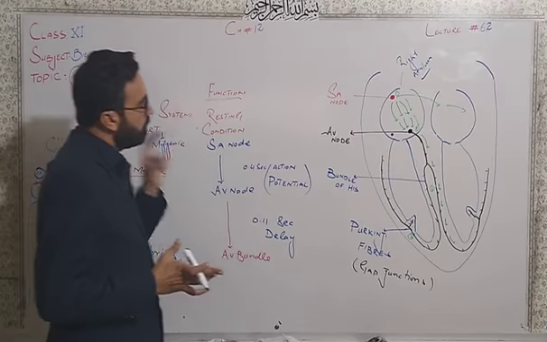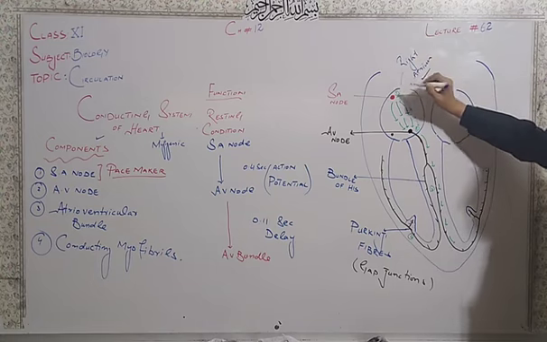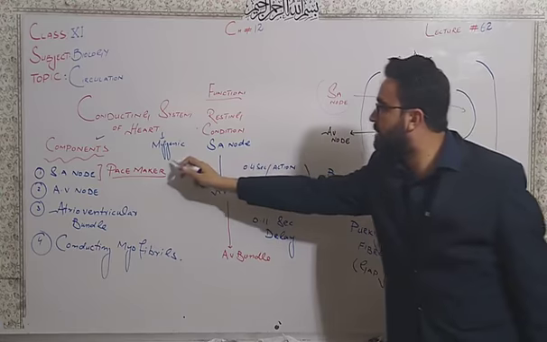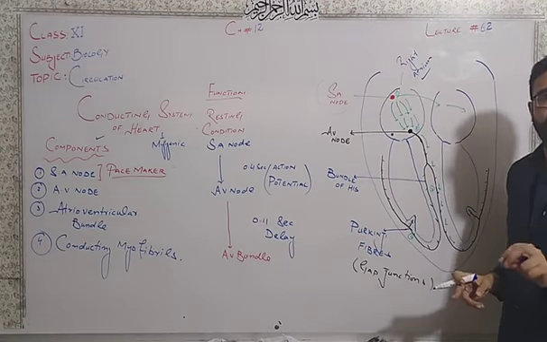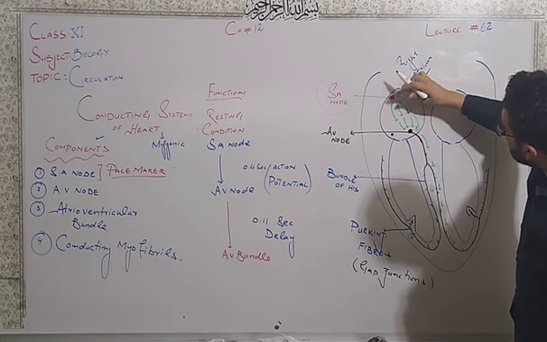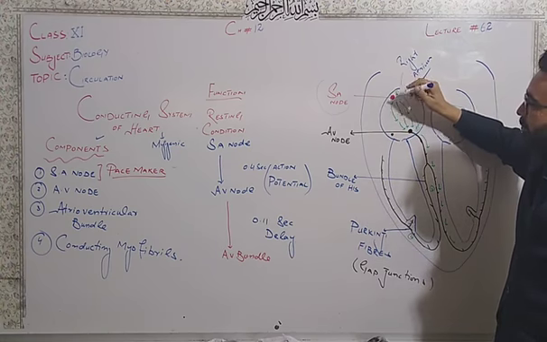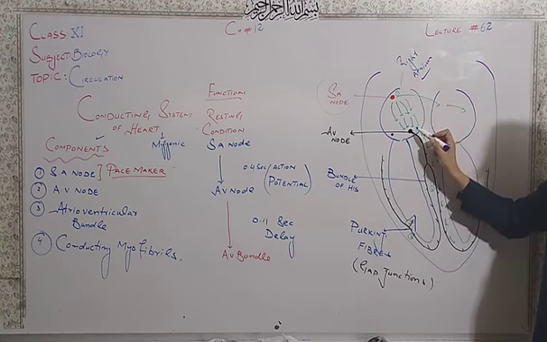Now let's see what is usually going on. The SA node is actually the pacemaker, which generates more potential as compared to the other myogenic tissues of the human heart. The electrical potential, or the action potential, travels from the SA node to the AV node.